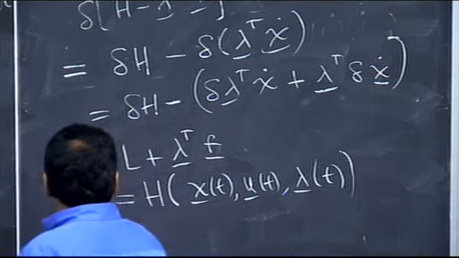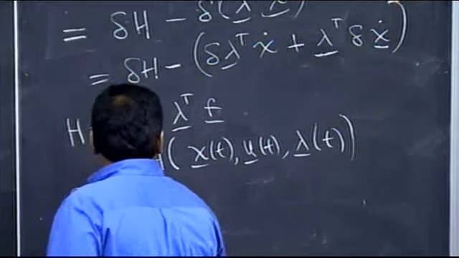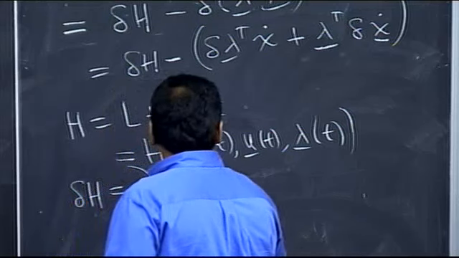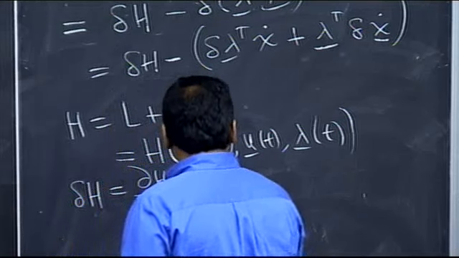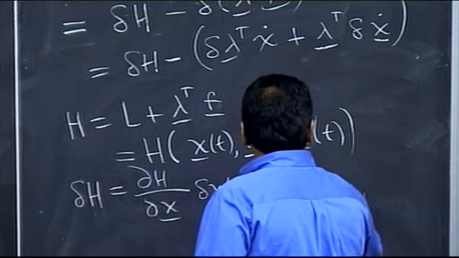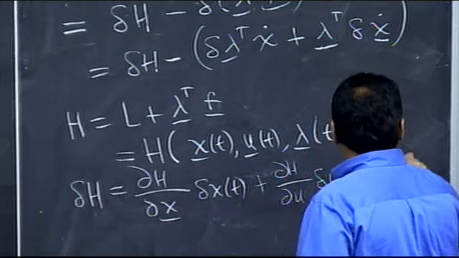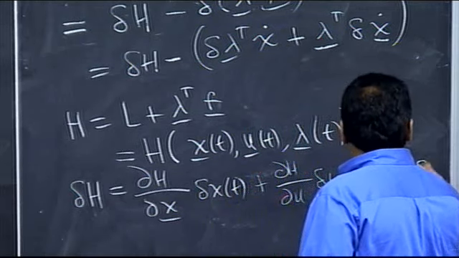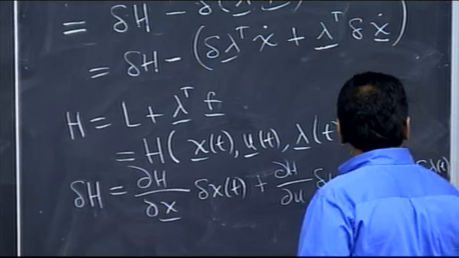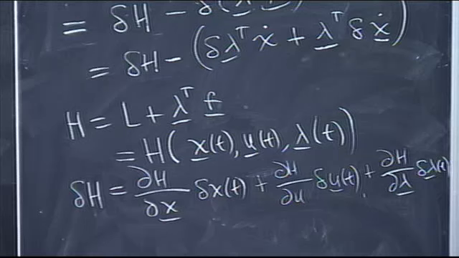So when I take the variation in H, it's going to equal the partial of H with respect to x times the variation in x of t, plus the partial of H with respect to u times the variation in u of t, and plus the partial of H with respect to lambda times the variation in lambda of t. Okay? Does that make sense?